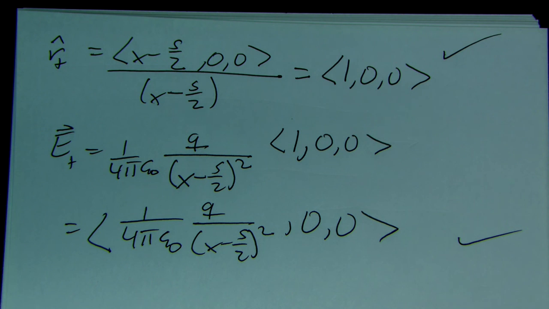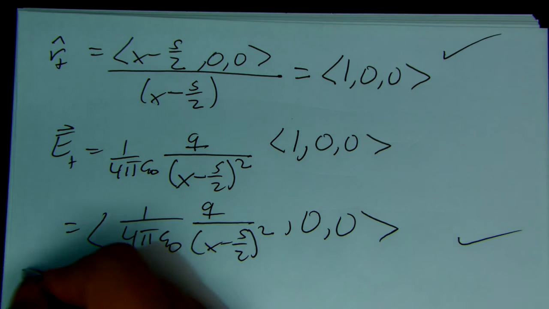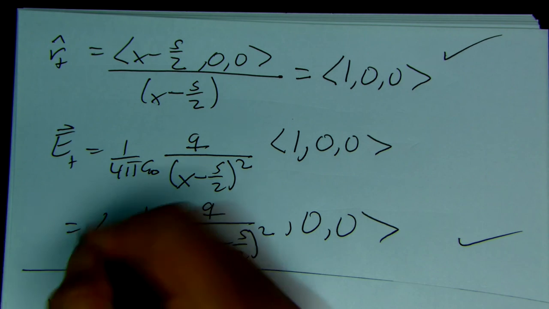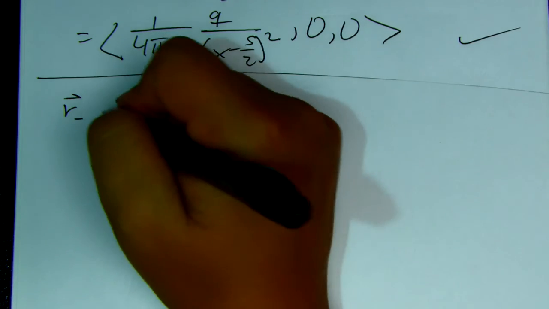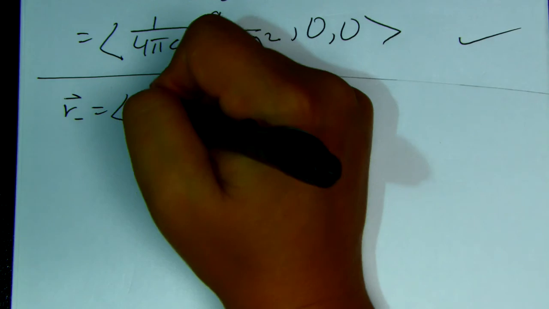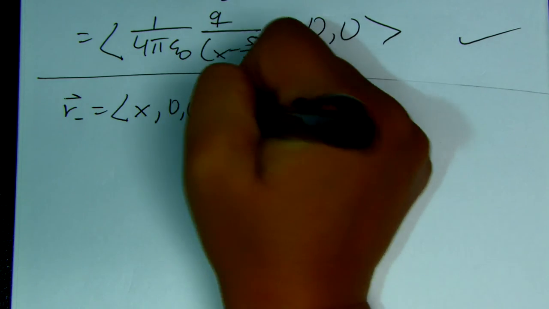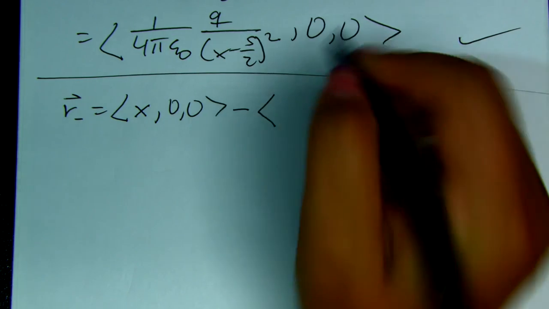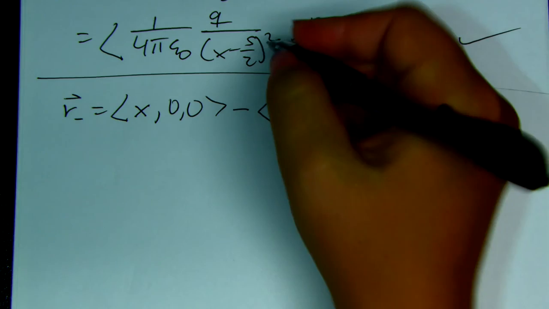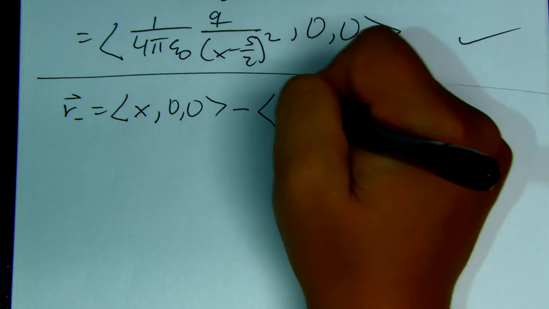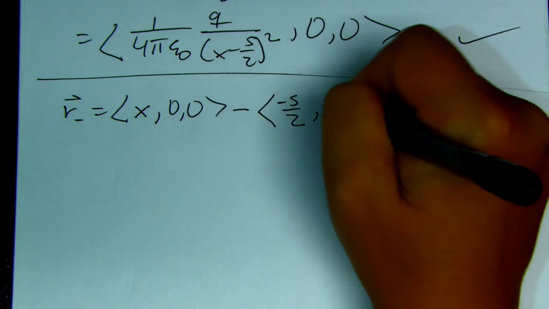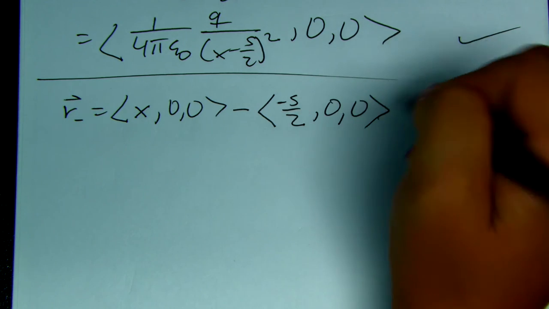Now we need to find E minus. And for that, we're going to need our r minus. So r minus is equal to x, 0, 0 minus, in this case now with the origin being at the center, minus s over 2, 0, 0.